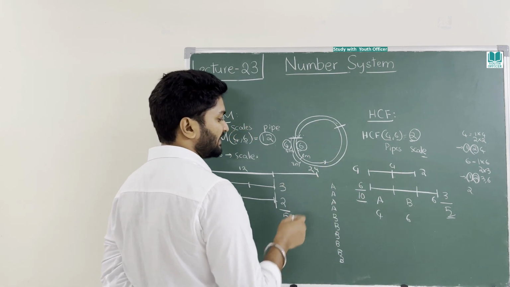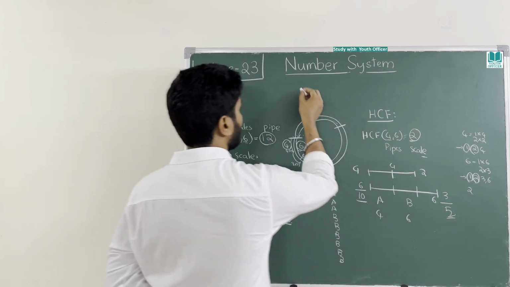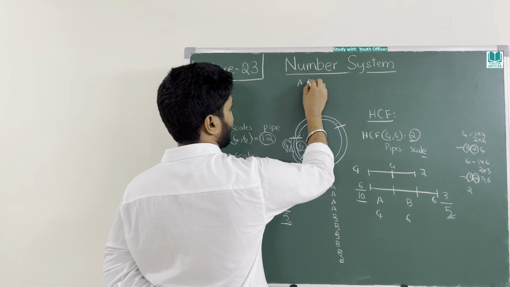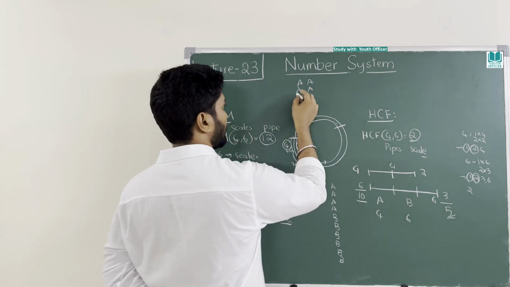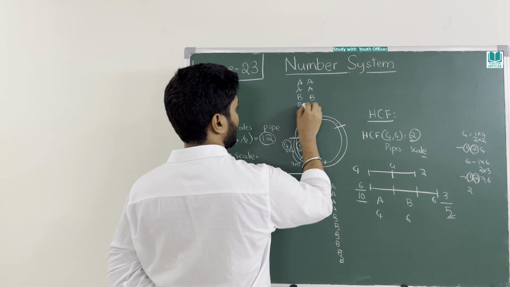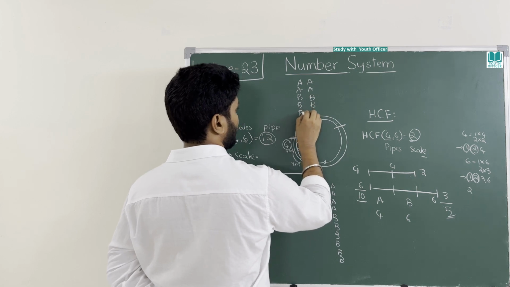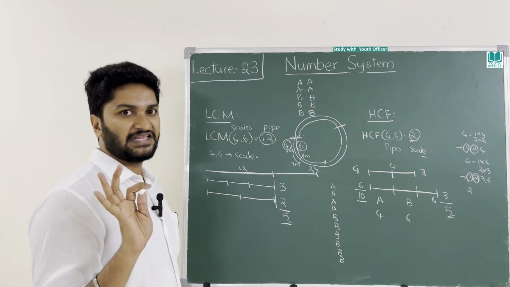If you want to make them sit in a classroom properly, then you can make them sit like this: A and A here. A, A. Classroom A done. Now classroom B. B, B, B, B, B, B. No one is left out.